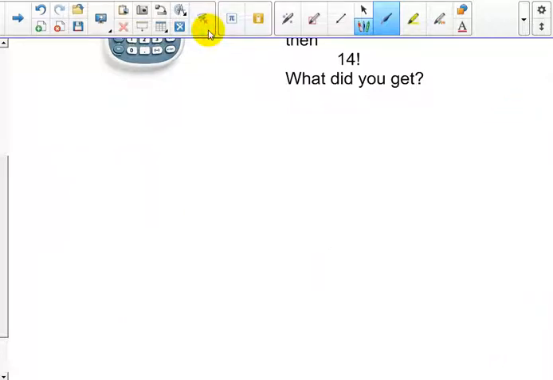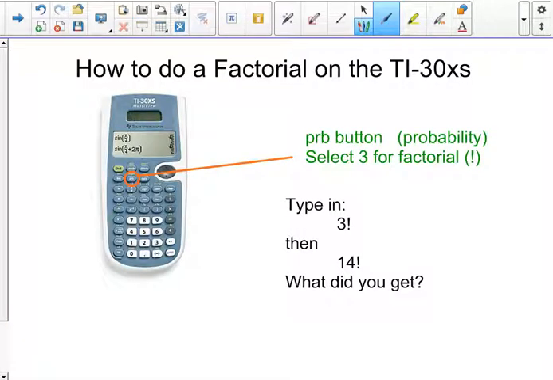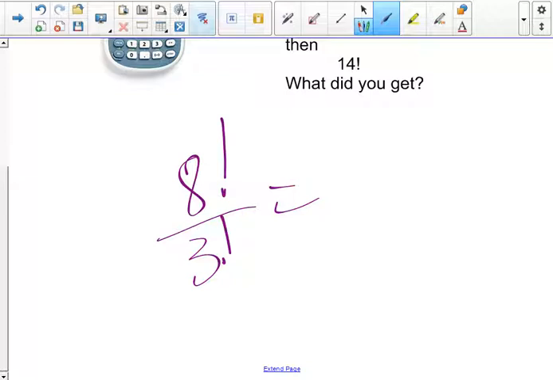Now, what if we had something like a division? What if I had 3 factorial divided by 8? Now let's do this. Hold on. How about 8 factorial divided by 3 factorial? How do we do this? N over D first, yeah, you could do it that way too. We didn't do it that way this morning, but that would work.